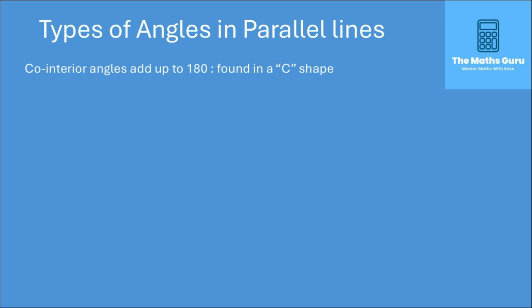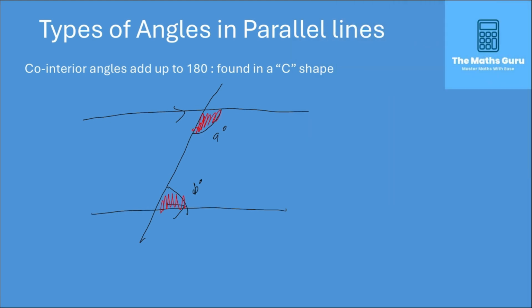Okay, moving on to the last type of angle in parallel lines, and we have our co-interior angles. So we have our parallel lines once again. We have it going like this, up, and then we have our A degrees and B degrees once again, here and here.